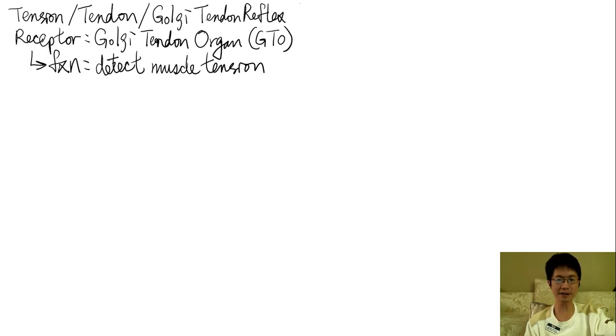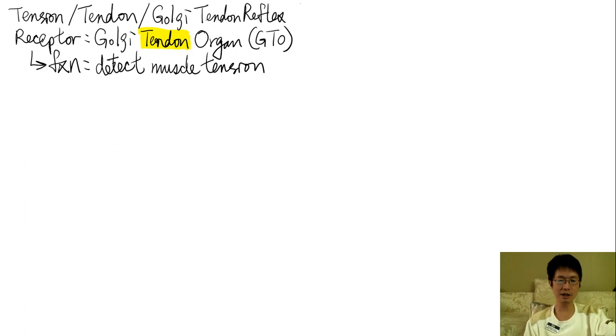Golgi tendon organ is embedded in the tendon. Okay, so the name of the receptor tells you the location. Muscle spindle is located in the extrafusal muscle fiber in the skeletal muscle, Golgi tendon organ is located inside the tendon.